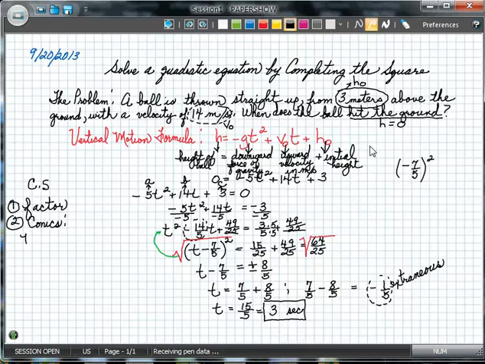Those conics are the parabola. It helps you find the vertex. It helps you find the center of a circle, the center of an ellipse, it also helps you when you're graphing your hyperbola.